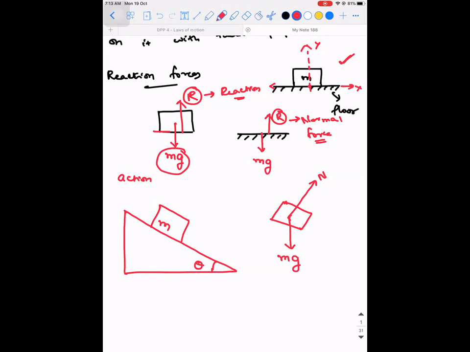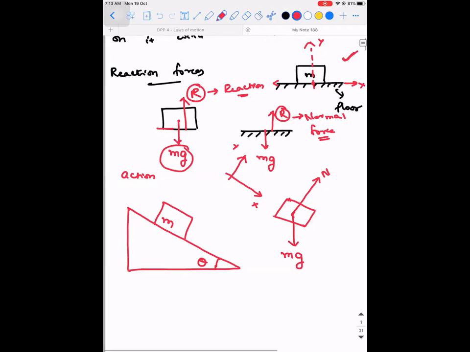Now the question is, what are you going to do when you have an inclined surface like this? Listen carefully. You can take the reference axis in such a way that the x-axis is along the inclination and the y-axis is perpendicular to the inclination. Whichever force is not aligned completely along either the x or y direction can be resolved into two components.